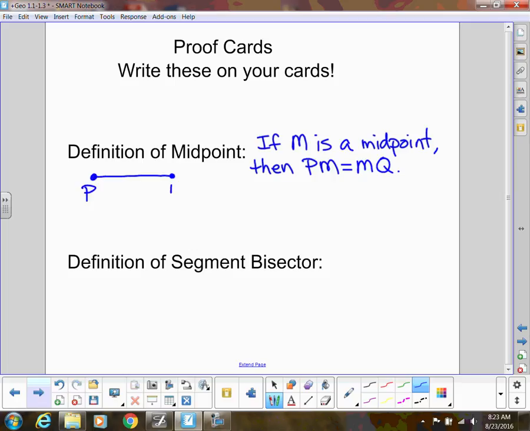If we're talking about a midpoint, we are talking about a segment as well. Oh, that should be Q. Okay, so that's one way to write it.